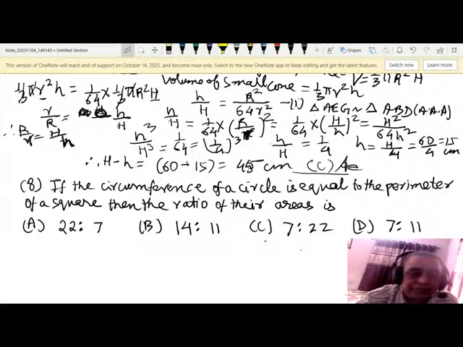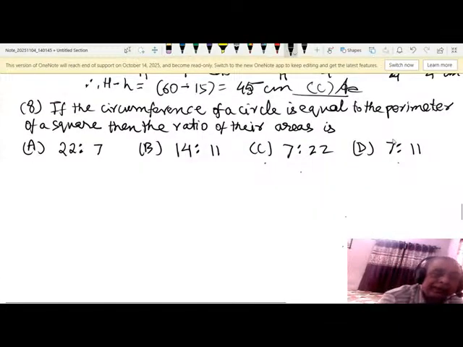Now we are moving to question number 8. If the circumference of the circle is equal to the perimeter of the square, then the ratio of their areas is asked.